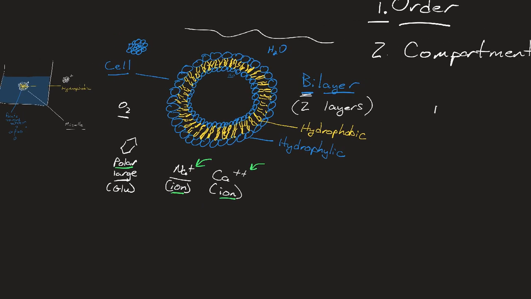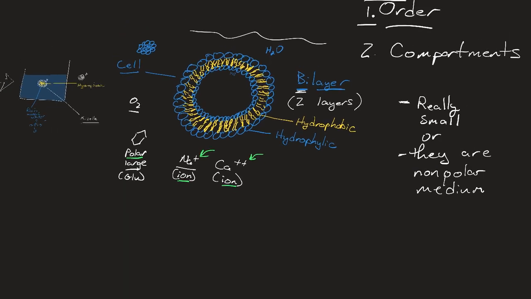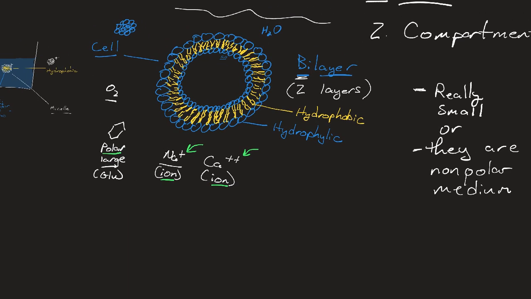If they're really small, or they are nonpolar and medium size, all right, then they can go right through the membrane. They don't need any help. They can go right through here.